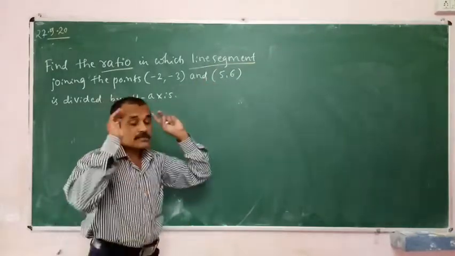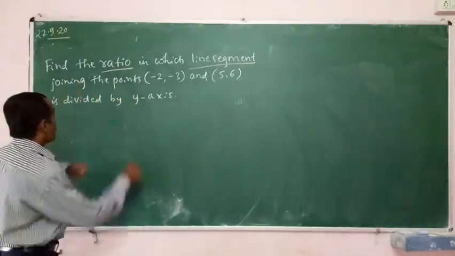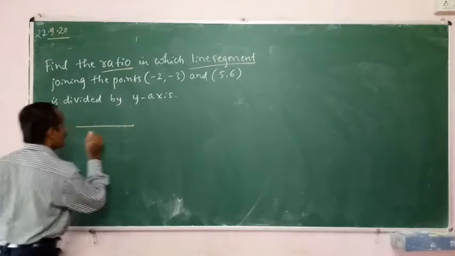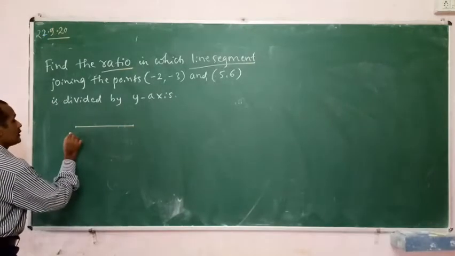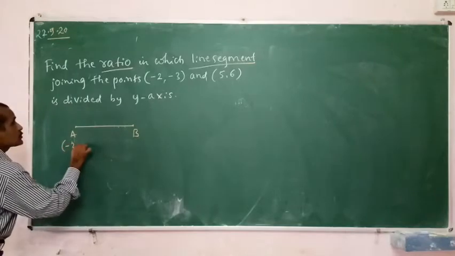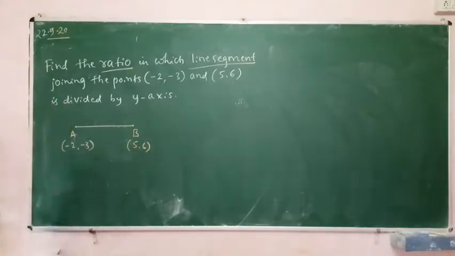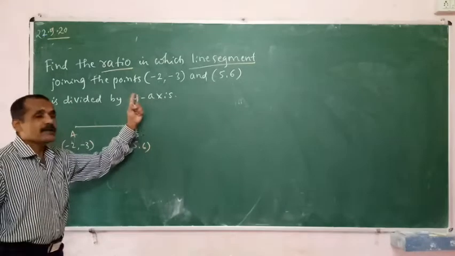Then only you can say it is a section formula. Line segment joining the points A, B. This is -2, -3. This is 5, 6. Is divided by the y-axis.